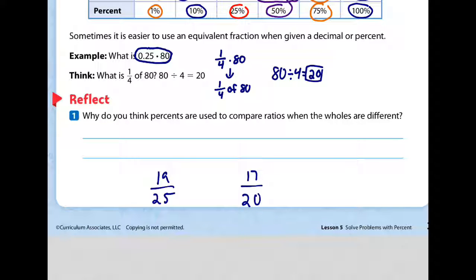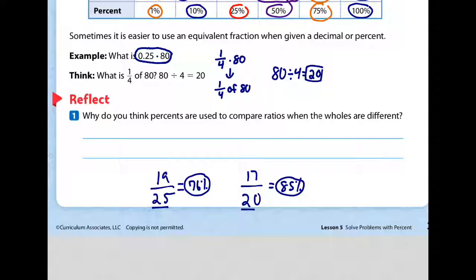We didn't compare those fractions. So this wants to know, why do you think percents are used to compare ratios when the wholes are different? So remember, we figured this one out to be 76%. We figured this one out to be 85%. So why do we use percents to compare ratios when the wholes, the 25 and the 20, are different numbers? That's what they want to know.